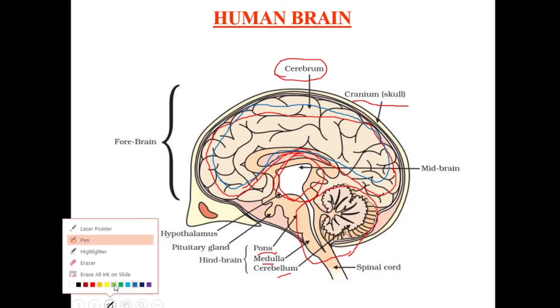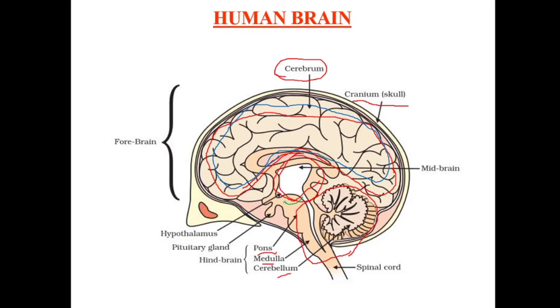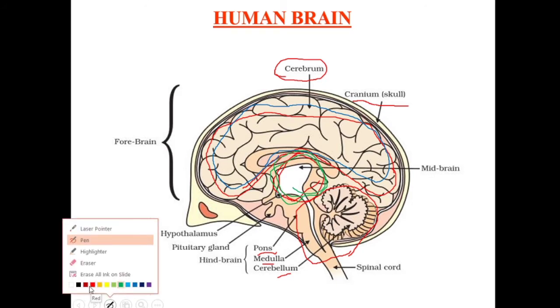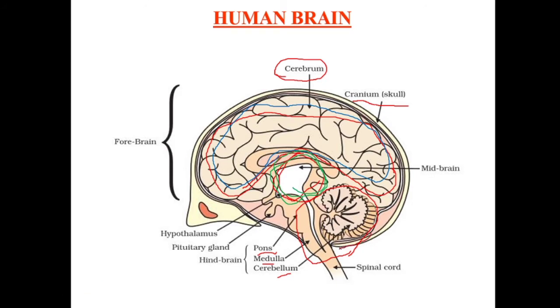This small one is midbrain, and this last one is our hindbrain. So this is the structure of the brain. This is very much important for your exam also. This diagram, you have to practice at least 2 to 3 times at your home.